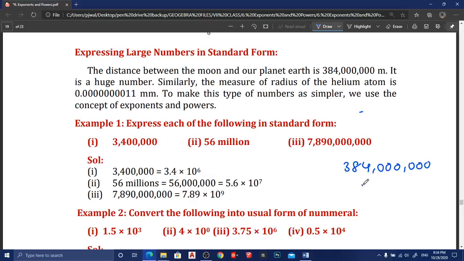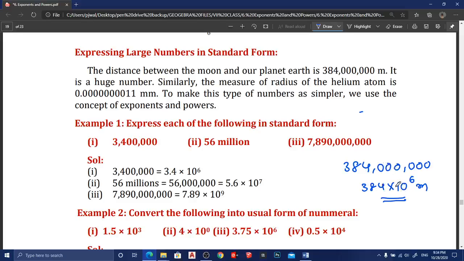So generally you can write it as 384 into 10 to the power of 6 meters. But this is not a standard form. This is not following the standard form rules. Even though it is equivalent to this number, this is not a standard form.